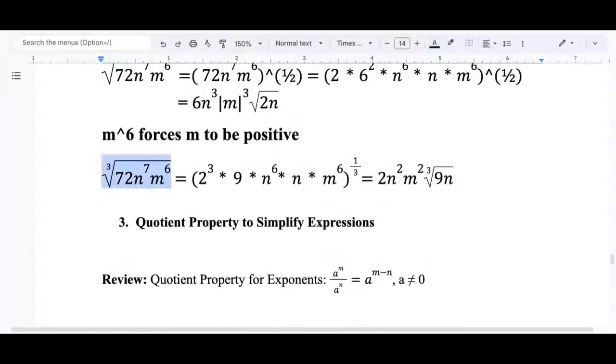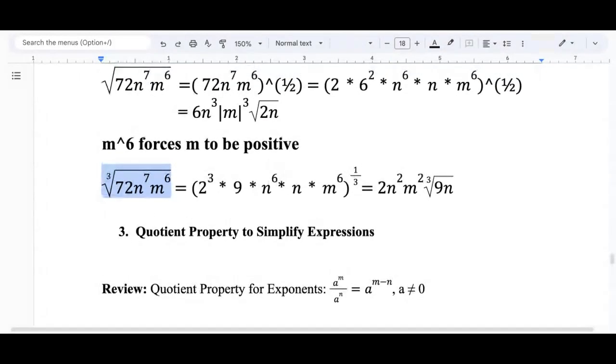But what about cubic root? Cubic root, we don't have to worry about signs, right? So 72, we have 2 raised by 3 times 9. Then n raised by 6 times n. Then m times m raised by 6. Right? Cubic root means raised by 1/3 power. So distribute this 1/3 power.